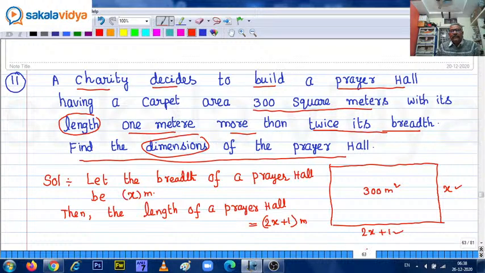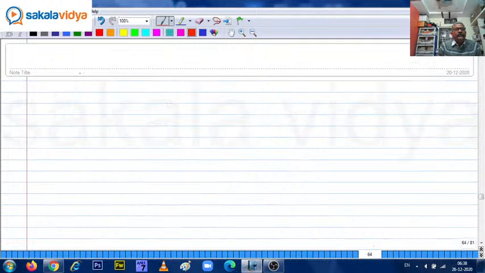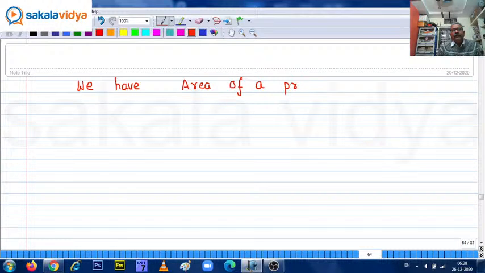Right. So now what is given? We have the area of the prayer hall, that is given as 300 square meters. The area of a rectangle is equal to length into breadth.